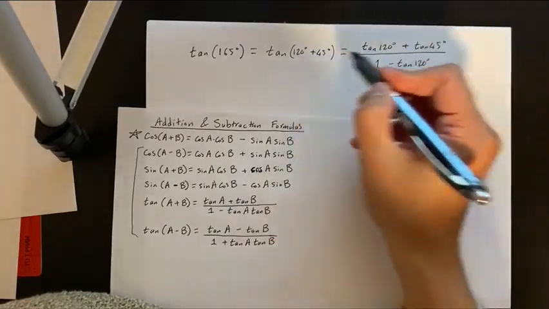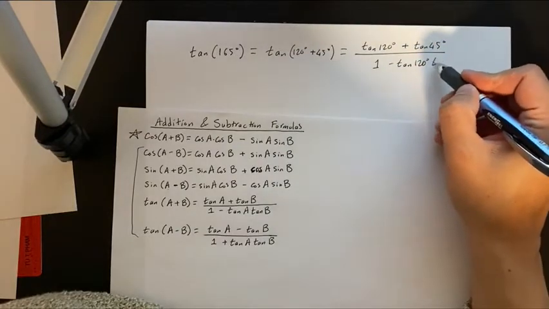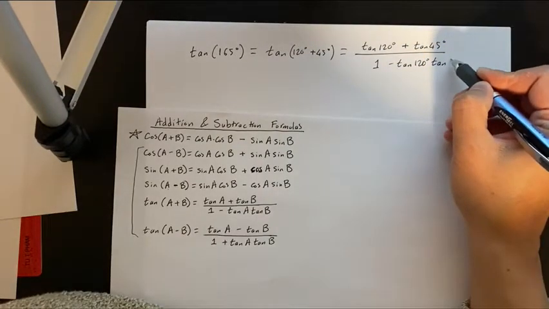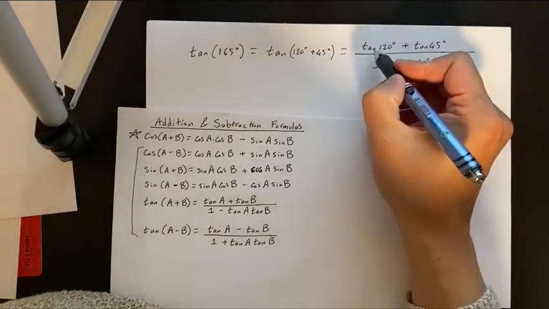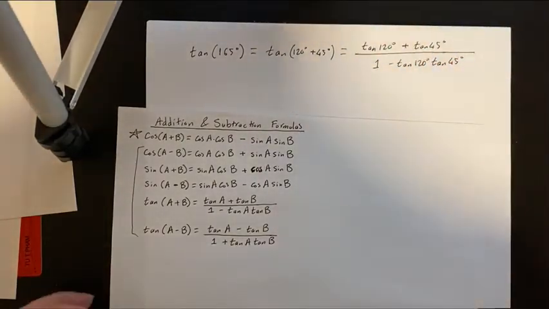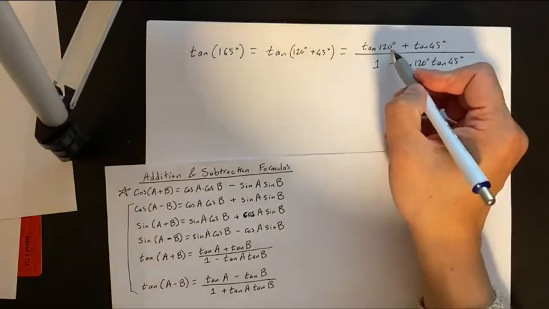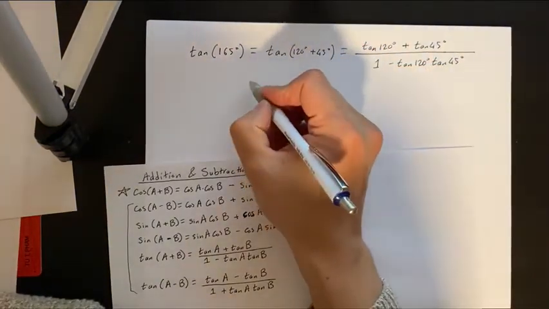That's my A, plus my B, which is tangent of 45. Okay, and so for each one, I do have to figure out what is tangent of 120.